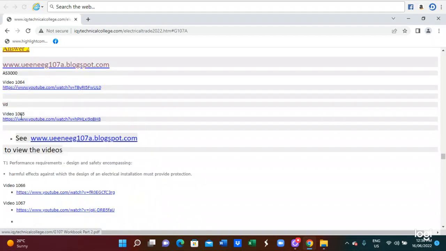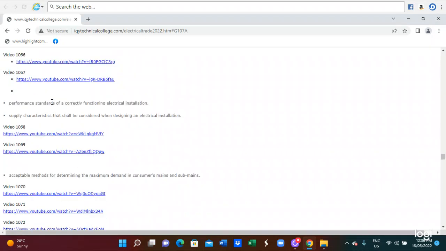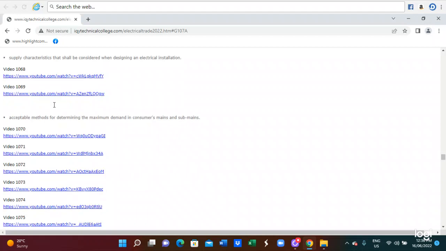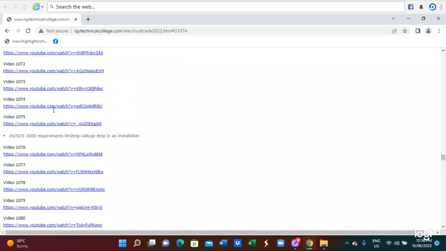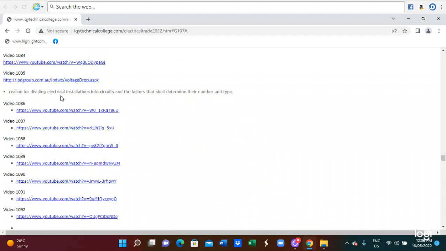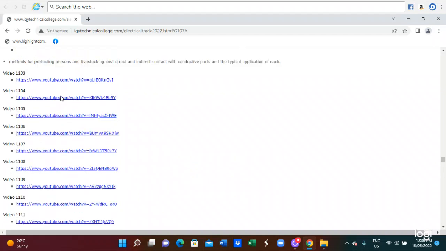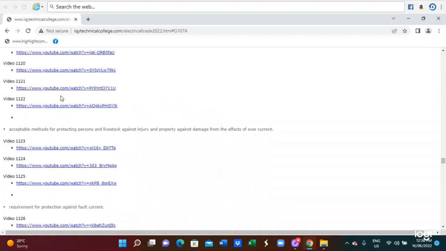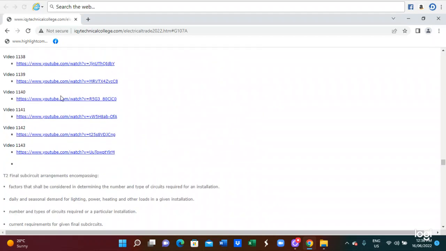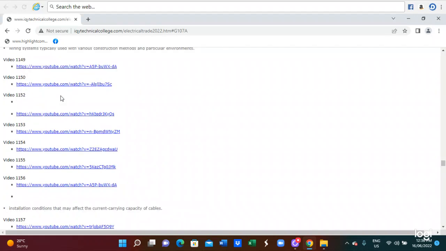And then you have to view those video lessons. Those video lessons cover all the competency units. All the competency components, you can see in the video lessons, and you can see the details of the competency. So this is the way you can study G107.